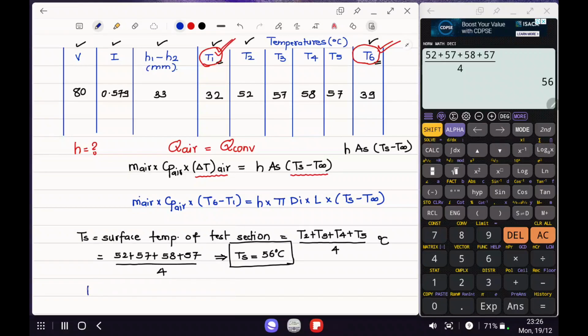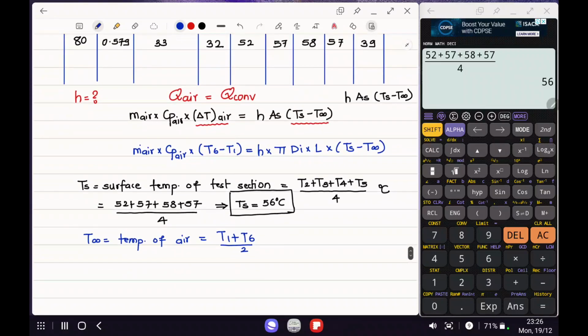And then we will be going for T infinity, which is the temperature of air. So that is equal to T1 plus T6 divided by 2. And here we have 32 and 39.